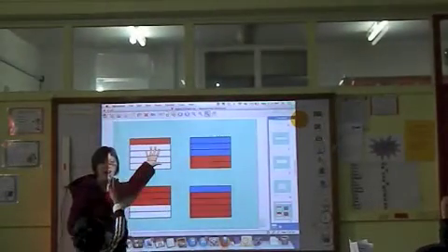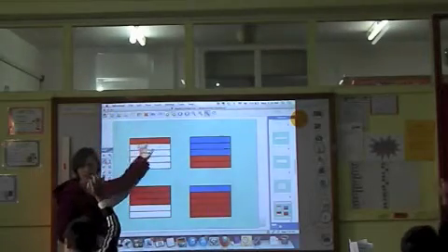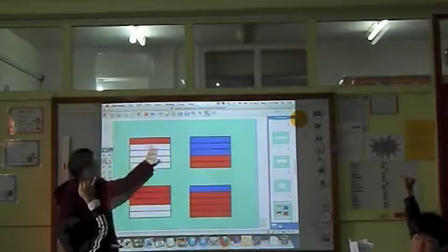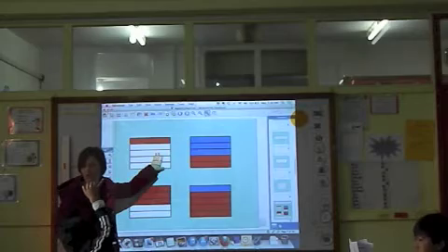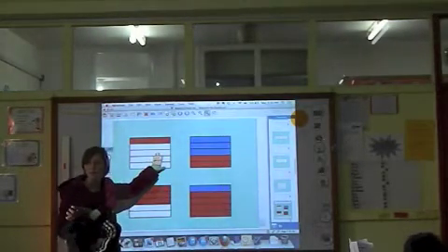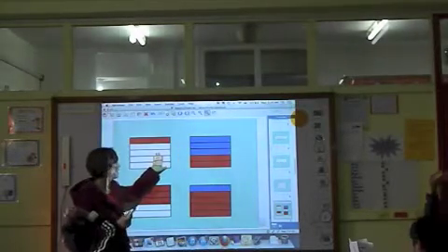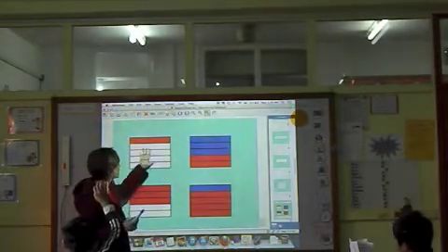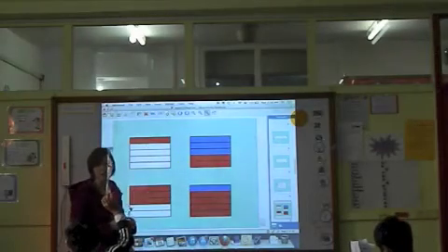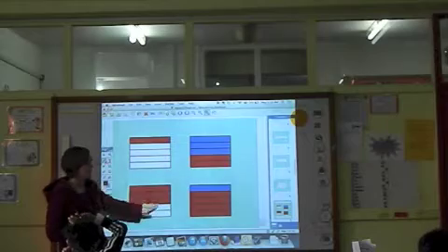You need to tell me in a fraction. Joel, what fraction of this is shaded red? 1/5. Great.